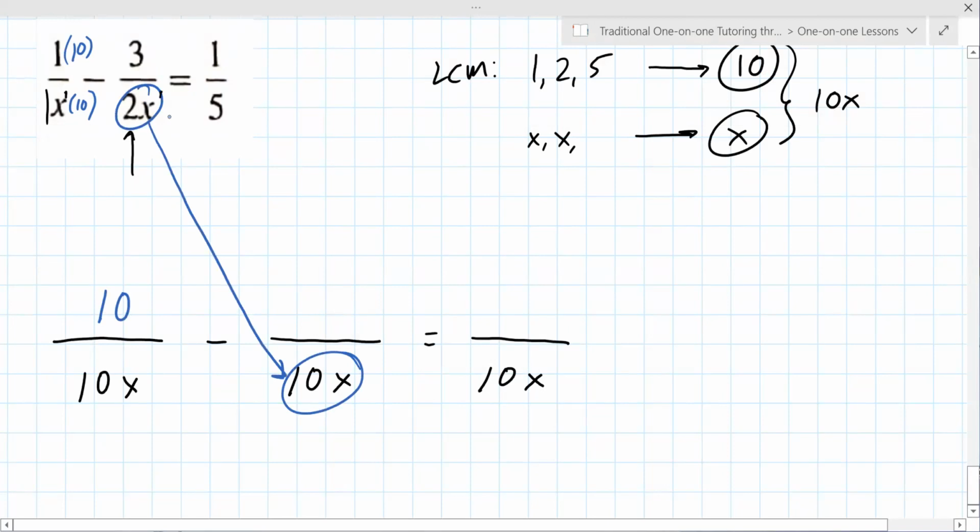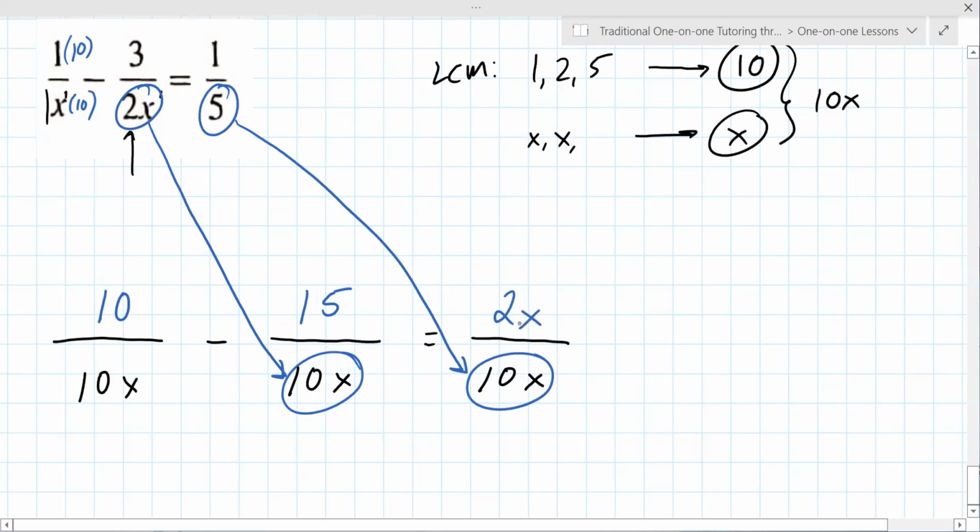You multiply by 5, which means you have to multiply this 3 by 5, which would make it 15 over 10x. And then going from 5 to 10x, you're multiplying by 2x, top and bottom. So that's 2x here. I'm essentially just skipping a step. We're just not writing it out and then distributing it. That's okay too.